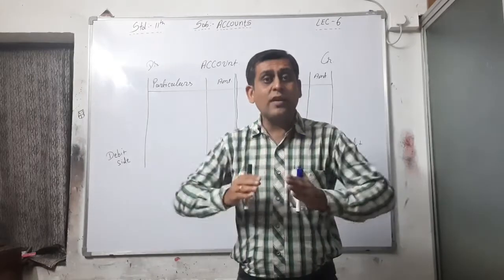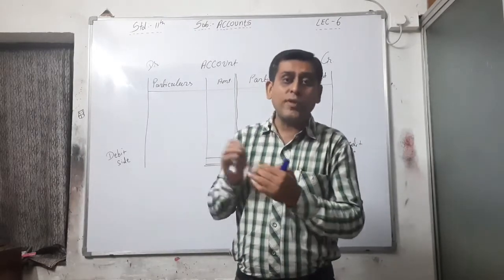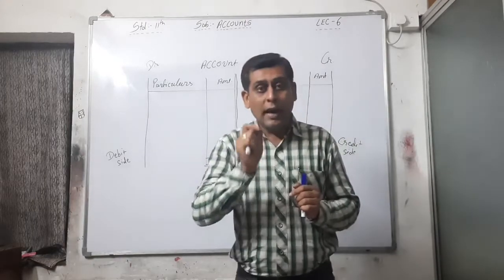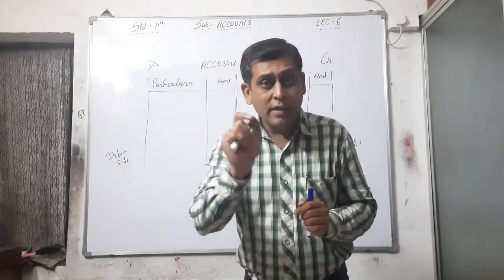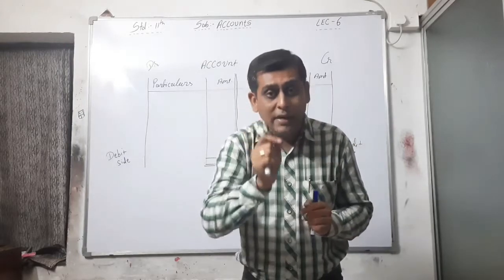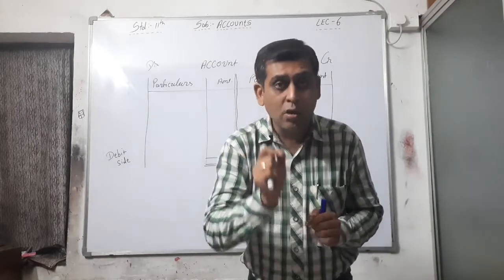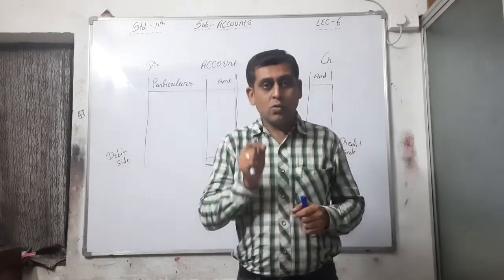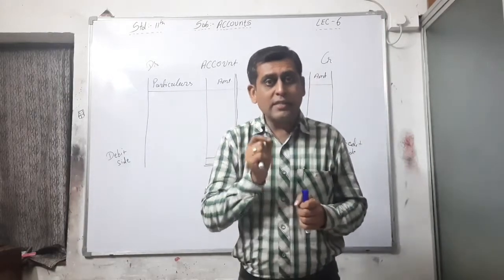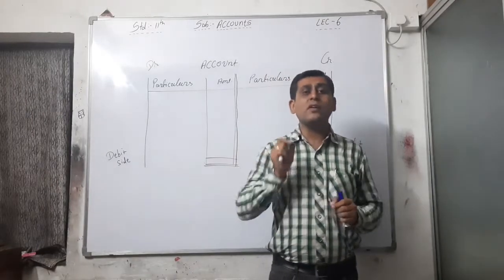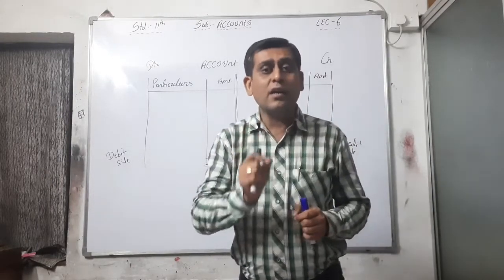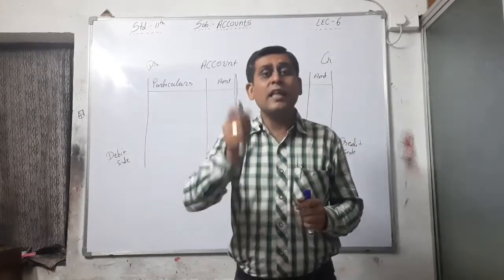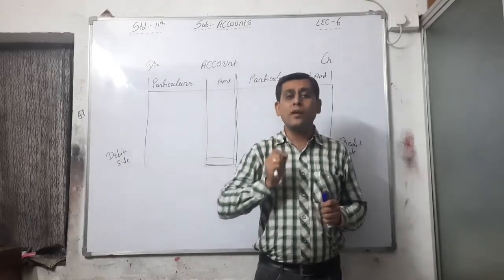So I am receiving a benefit and paying 5,000. That's why the 5,000 is debited to the salary account, because salary is an expense of our business. So in simple words, whenever you are receiving any benefit, that account should be debited, and whenever you are giving some benefit, that account should be credited.